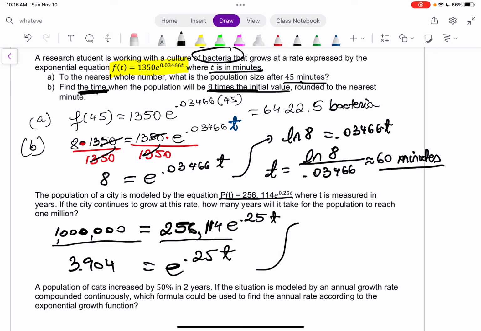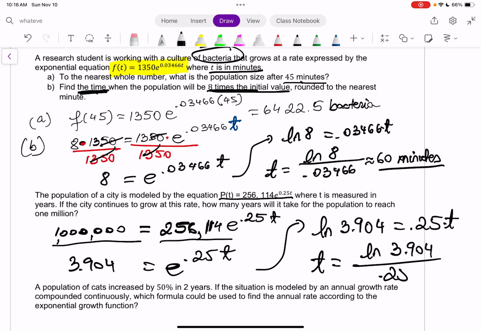And again, to get rid of e, we're going to log both sides and then divide by this coefficient. Okay.